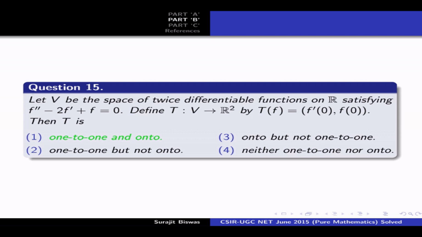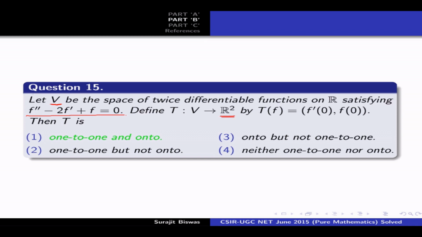First we find a basis for V, and we want to find the dimension of V. Of course, this is a second order differential equation, so the solution space dimension would be 2, but we want an explicit basis for this vector space V. So we want an explicit solution of the given differential equation, and then we want to find the representing matrix for T with respect to that basis and the standard basis of R^2.